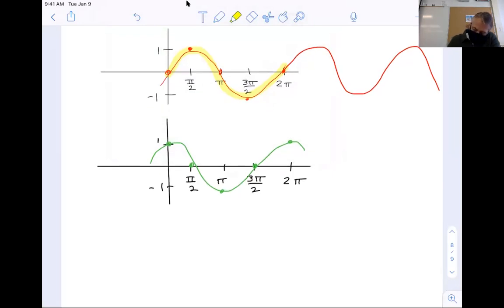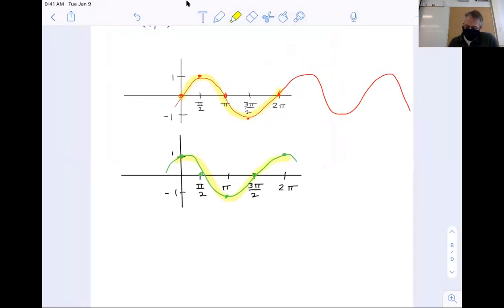But again, this would be one period of the cosine graph. And then it would repeat itself and repeat itself and repeat itself.